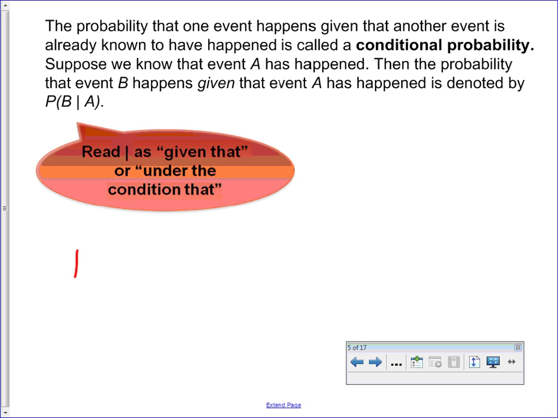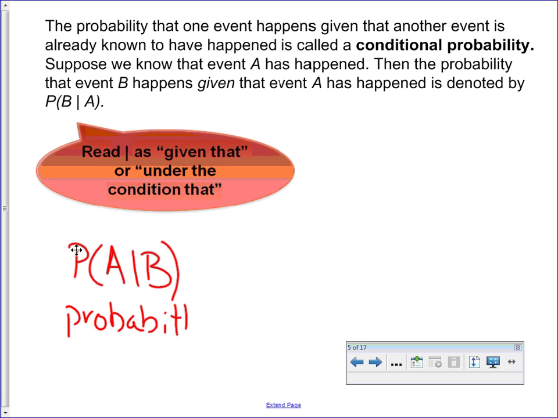You would read this as the probability of A given B. And the one up here is the probability of B given A. So what does that mean? How do we apply that?